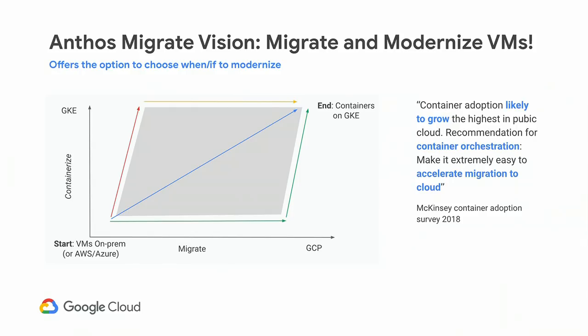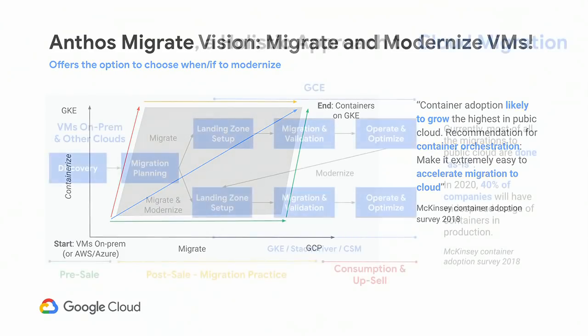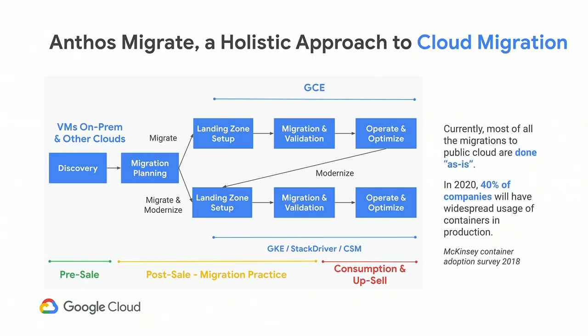So we can take you first to run, for example, on GCP. So we can get your VM to run as a VM on Google Cloud and then modernize it, or we can modernize you directly. So depending on where you are in your journey, you don't have to wait for this, right? You can start and we can meet you in your journey of modernization where you are. Here is our approach, and our approach is these two possible phases.